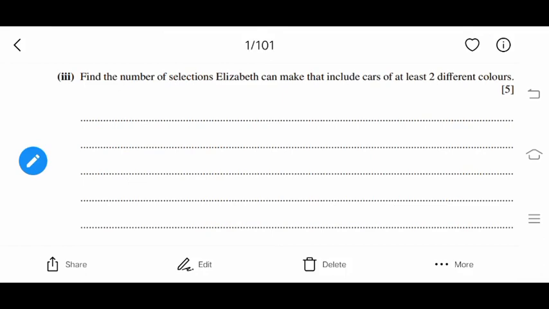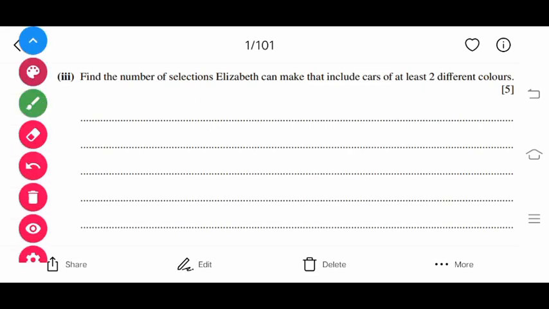Or it can be done in a more specific way, like we need at least 2 different colors. Okay, I'll show you some shortcut. You just continue with the remaining part. At least 2 different colors means, suppose I'm taking the colors as red, white, and black.